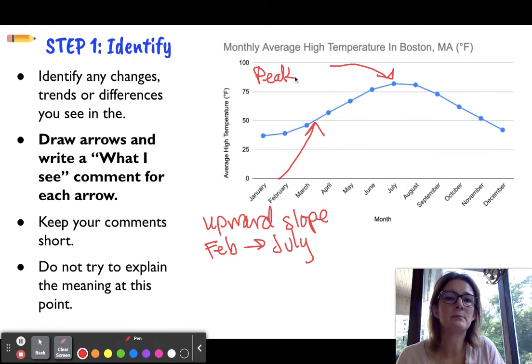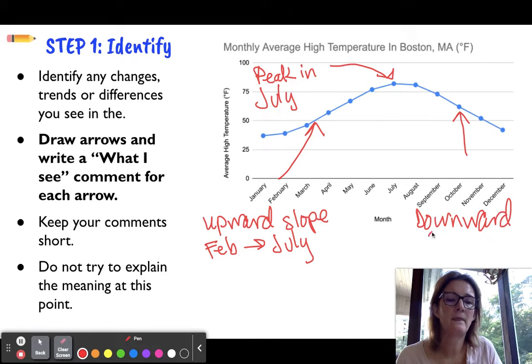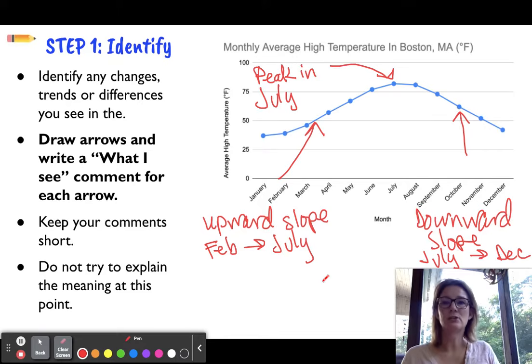Notice I'm not interpreting, I'm just identifying. And then on this portion of the graph, I see a downward slope from about July through December. So there we go. I've identified what appears to be the major trends on this graph.